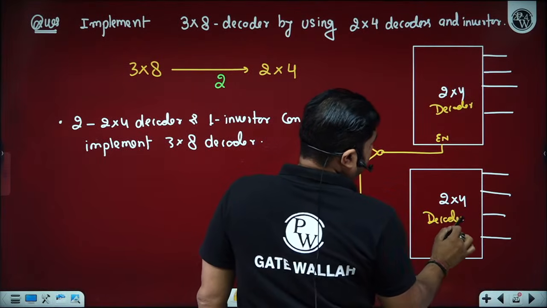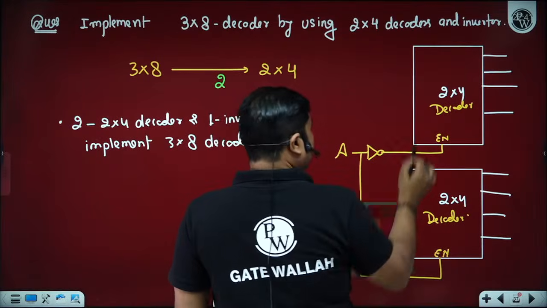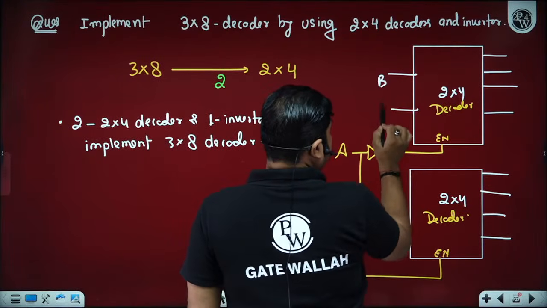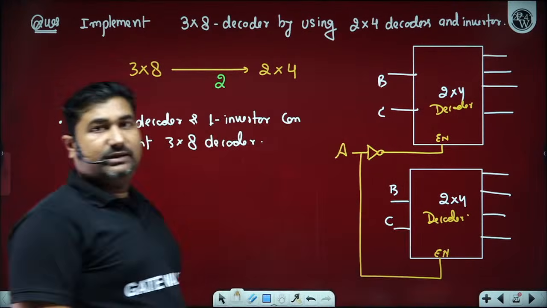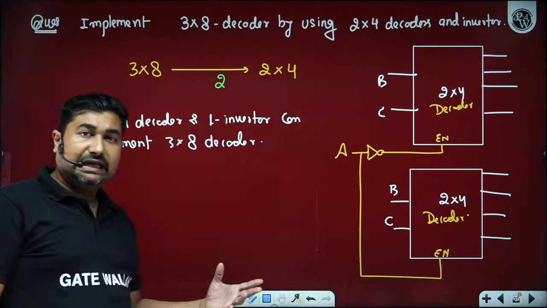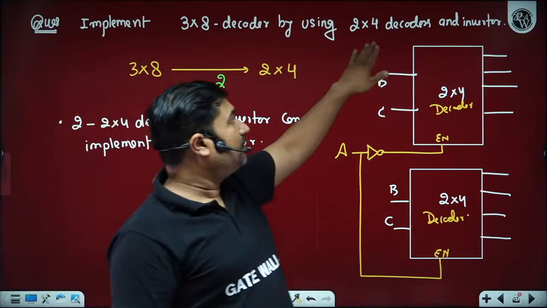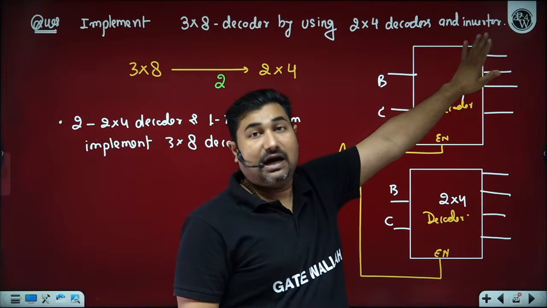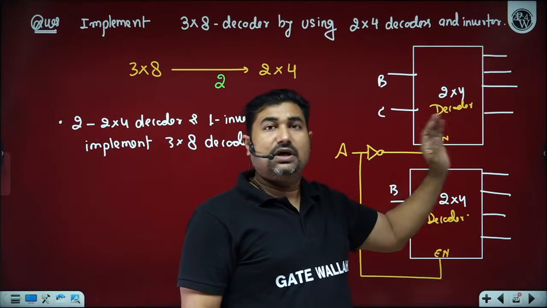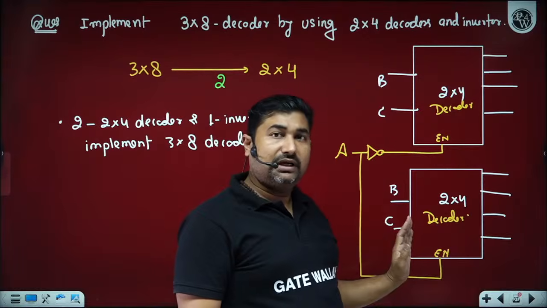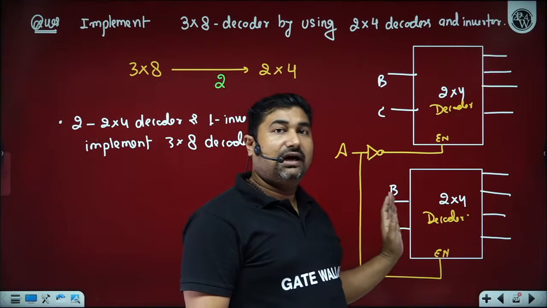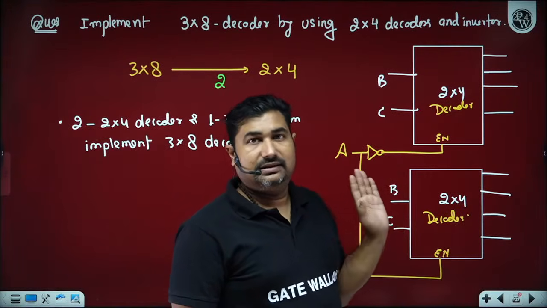How many of you now able to understand? And we have B, C, B, C. So now A, B, C, 3 inputs, and total we have 8 outputs. In case no other logic gates are allowed, then we have to use one more 2x4 decoder. And in that 2x4 decoder, we only use A bar and A. Is it okay?